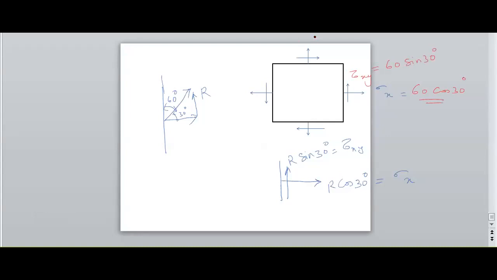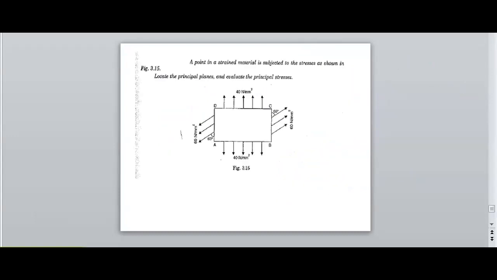And sigma y is given directly, with no angle in between. So it is 40.